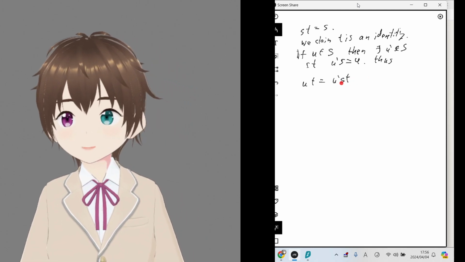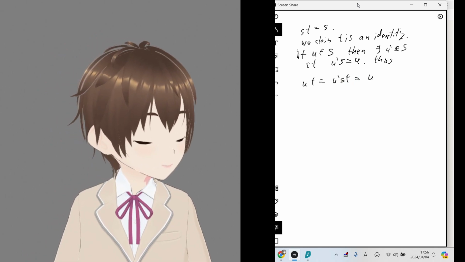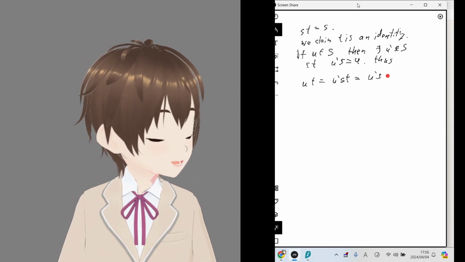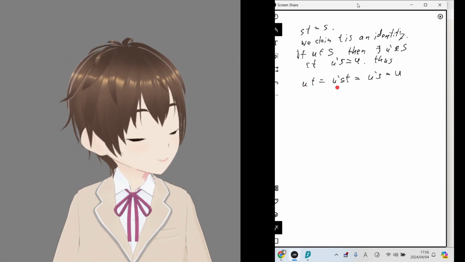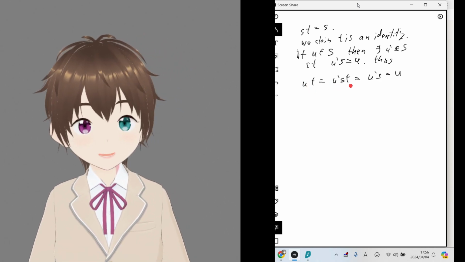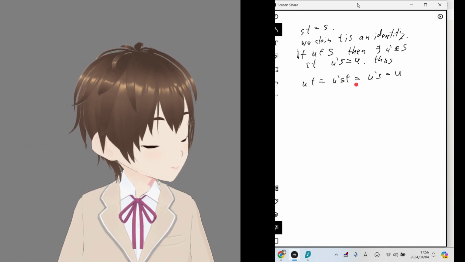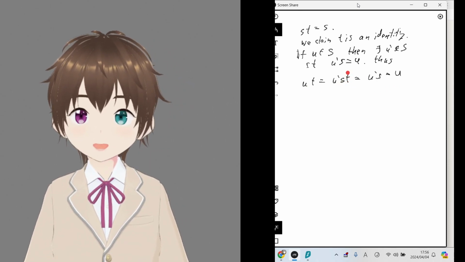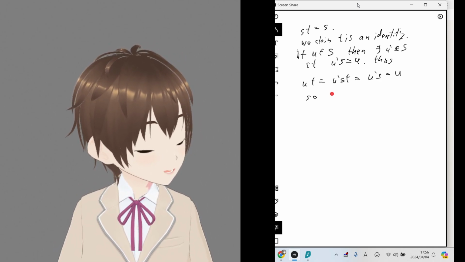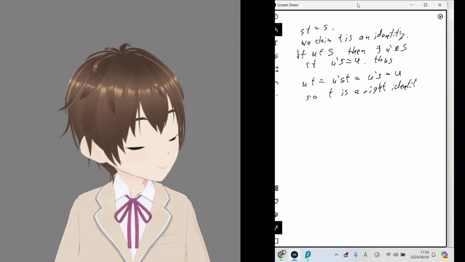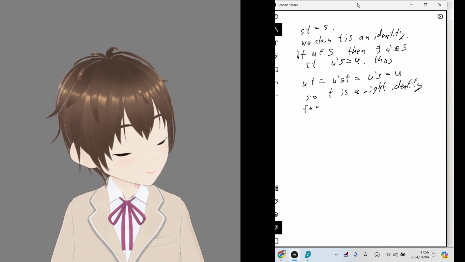And then st is just s because t fixes s, and then I can get rid of the s again. So because I could move from s to u, and I can move back again if I want, I can sort of copy this property of t being a right identity. So t is a right identity for all elements of S.